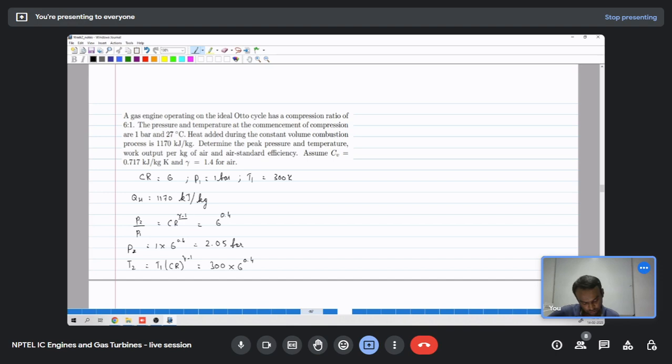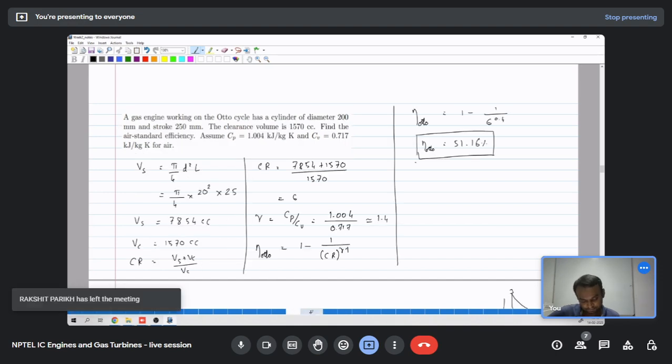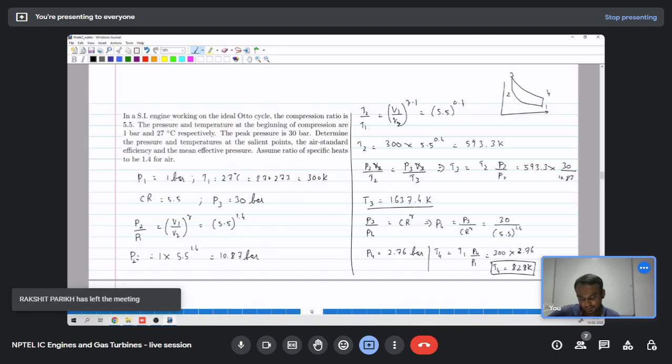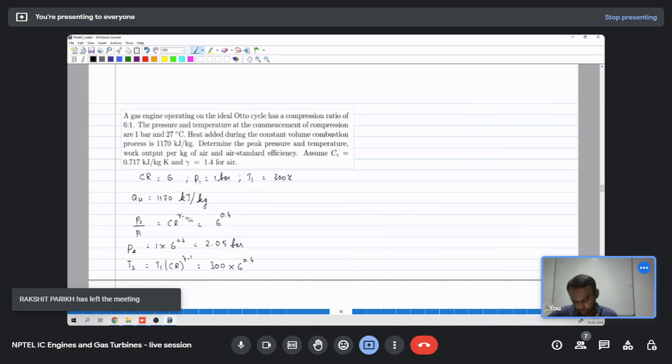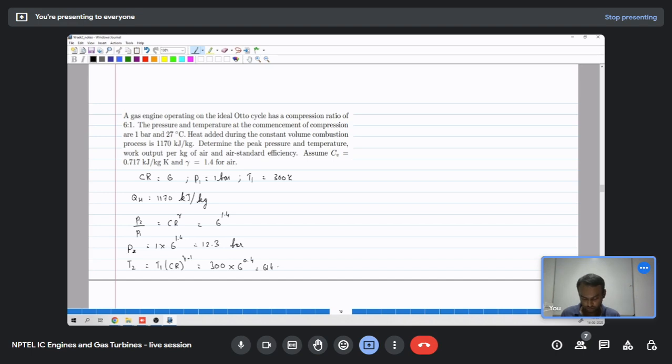P2 by P1 is, yeah, it's not gamma minus 1, it is 1.4. So this is 12.3 bar. So this is 614 Kelvin.